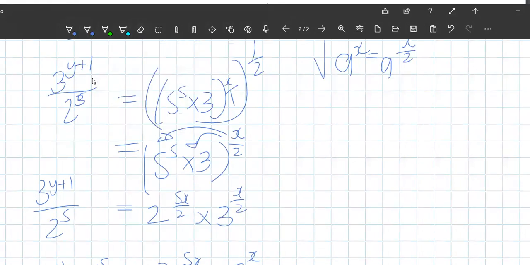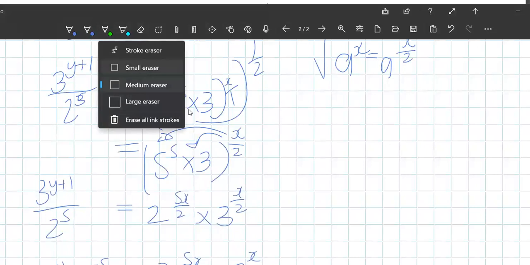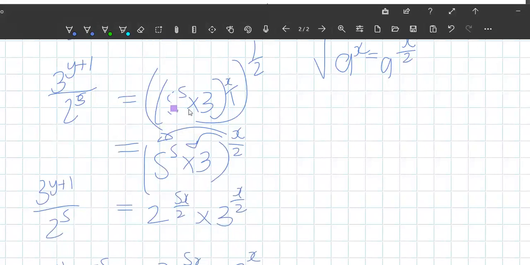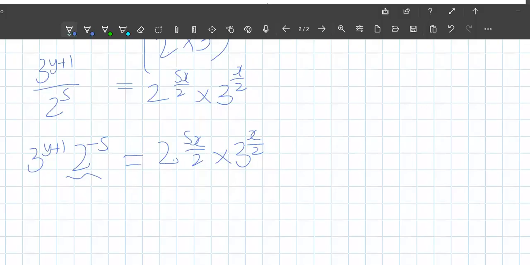Hmm. Because this is the only 2 on the left-hand side and this is the only 2 on the right-hand side, we can deduce that 2 to the power minus 5 by logic must be equal to 2 to the power of 5x over 2. So we've sort of split this up.